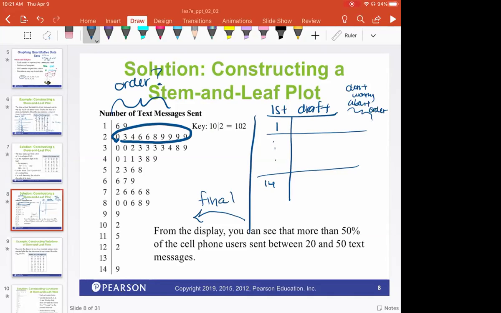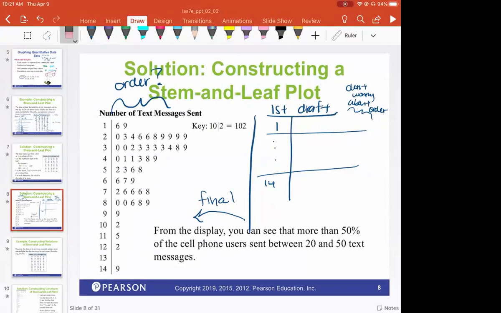Now, what's cool about a stem and leaf plot is if you turn it to the side, so let me try turning it to the side for you. Wait, I don't think it'll show. If you turn your graph to the side, or maybe tilt your head, you can kind of think of this as a bar chart. I mean, a histogram, right? You can see which ones there's more of.